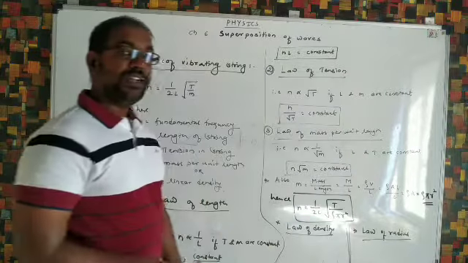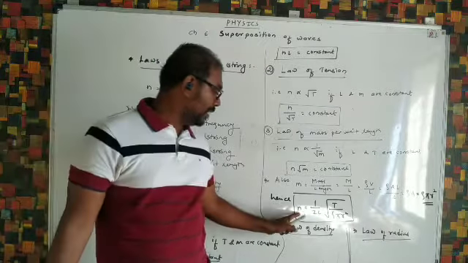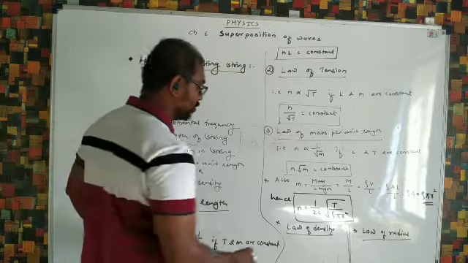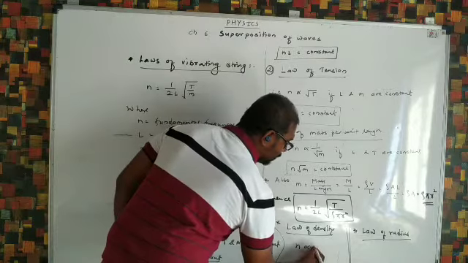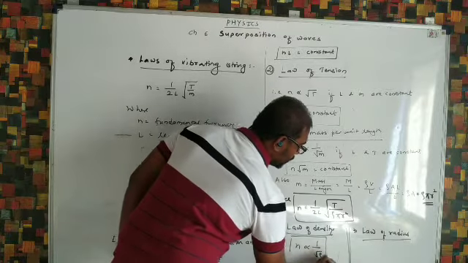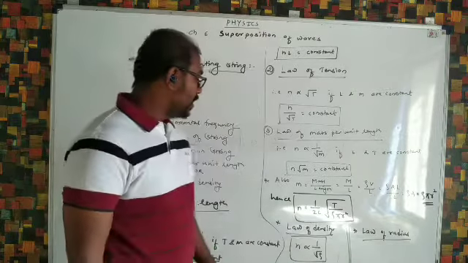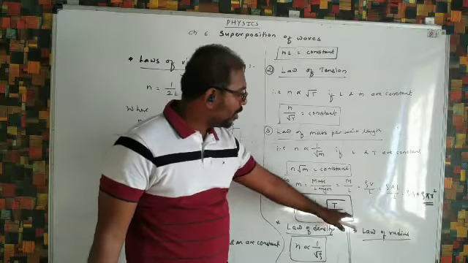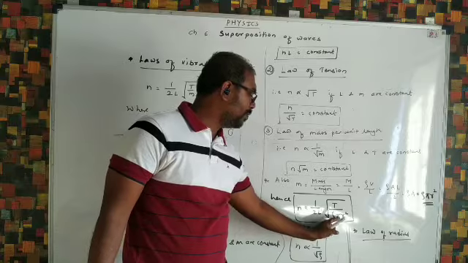Now what is the law of density? See here how fundamental frequency and density are related. By the equation you come to know that fundamental frequency is inversely proportional to square root of density. So this is the law of density. It is similar to the law of mass per unit length, since small m is given by rho pi r square.